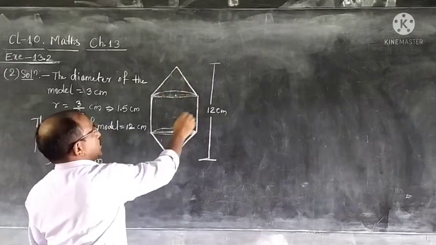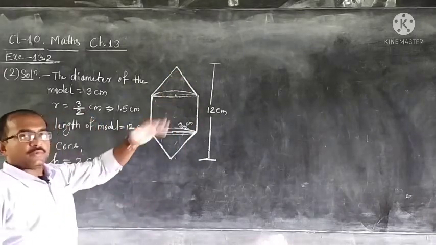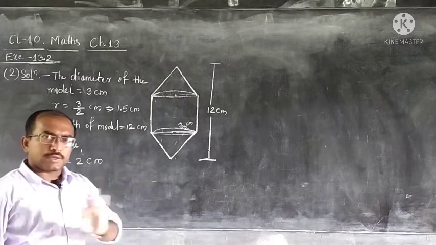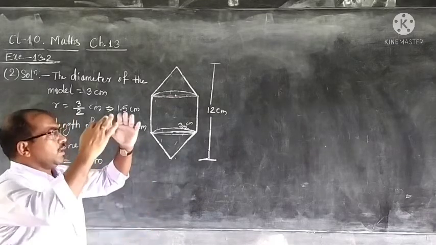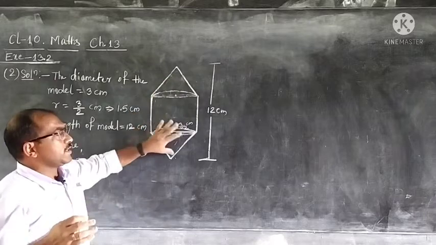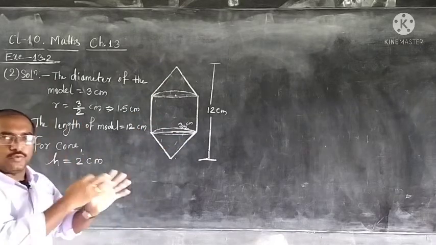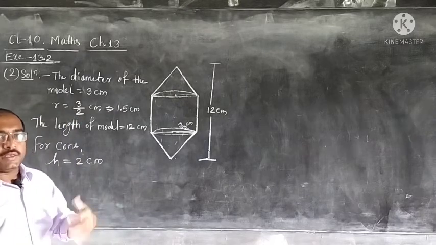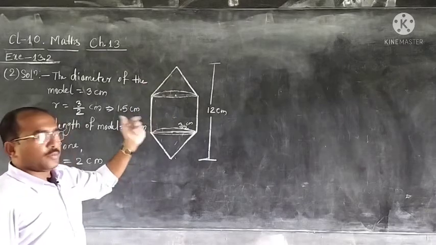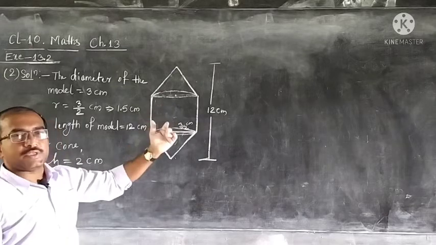In volume I will tell you volume can be converted into liters and all that things are different, but exactly how much space is inside the model, that will be that much air will be inside, and then it is conical shape at both ends and then cylindrical portion is here.